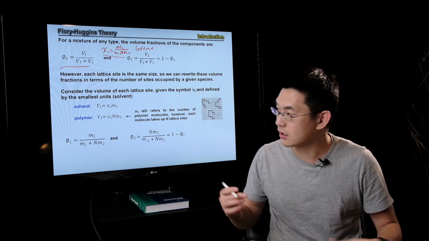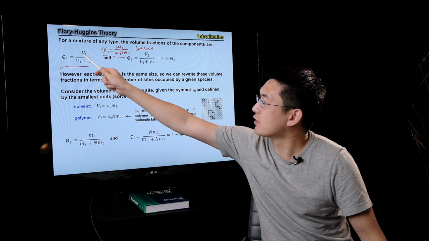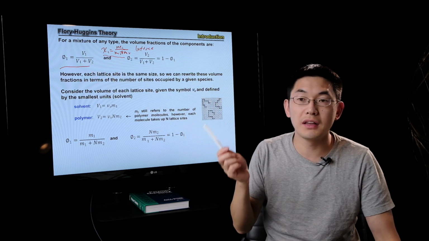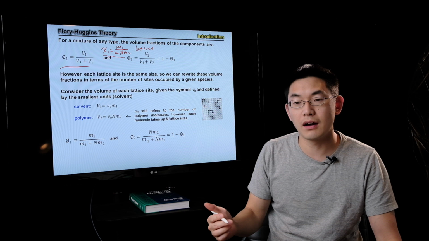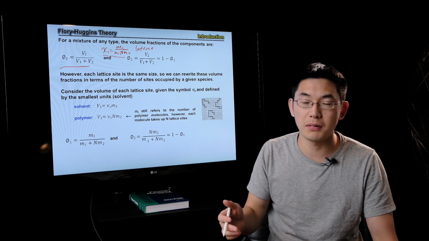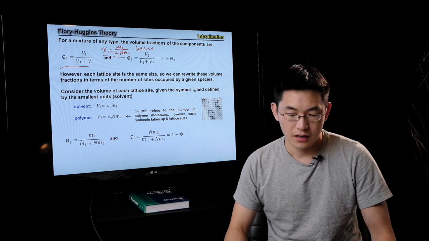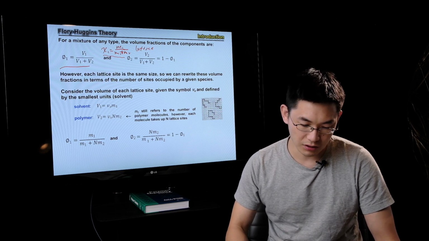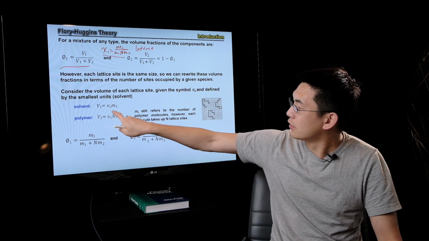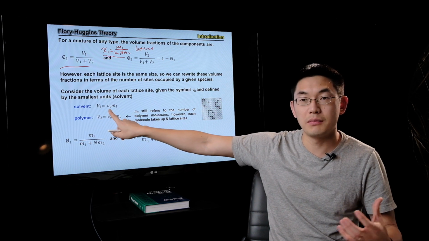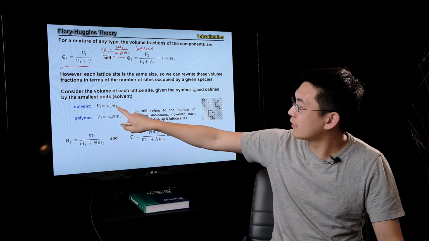They only differ a little bit in terms of this V term, V1 and V2, which are the volume of the solvent and the volume of the polymer. V1 we define as the volume of the solvent, which equals the unit volume of the lattice, how much volume each lattice occupies, multiplied by M1.